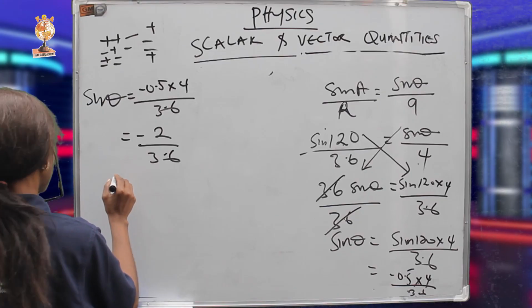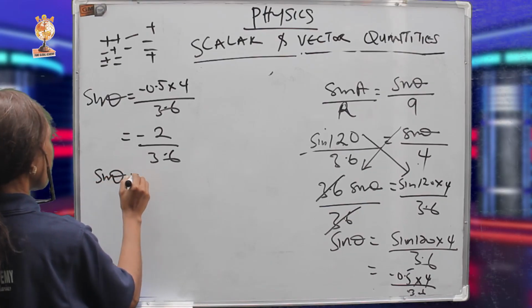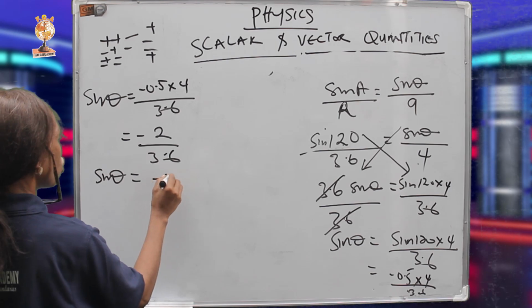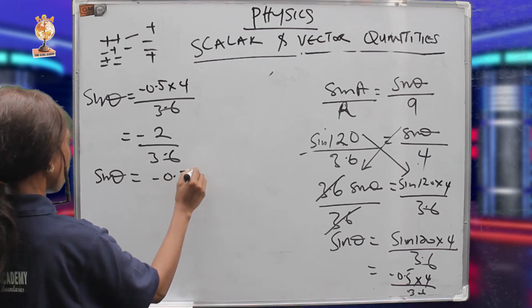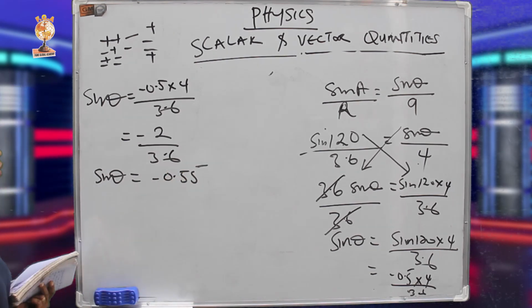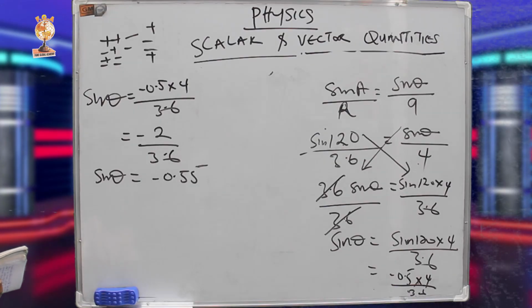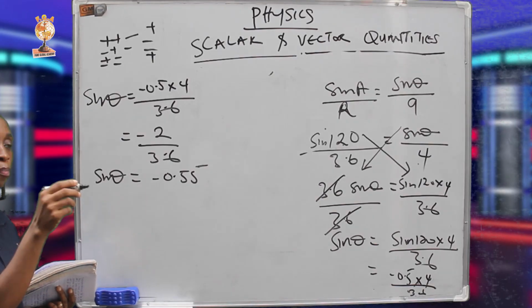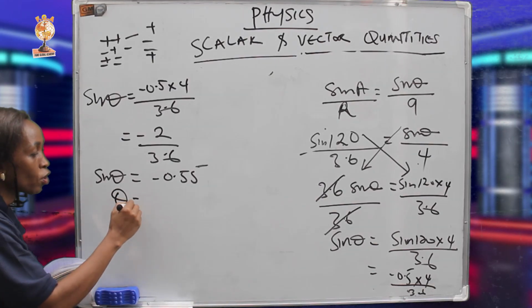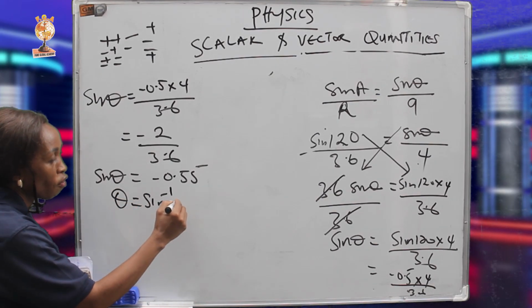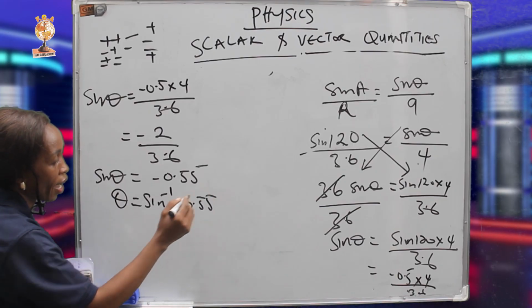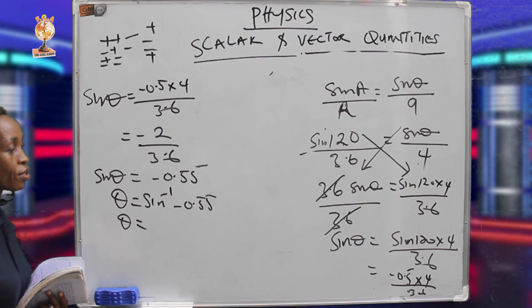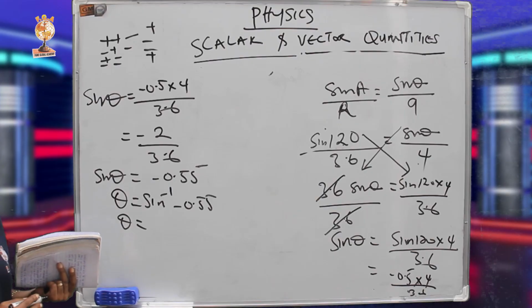And if I do that, I'm having sine theta becomes minus 0.55. Now, remember, I am not looking for sine theta, but the angle itself. Theta becomes sine inverse of minus 0.55. Let me go through it again.